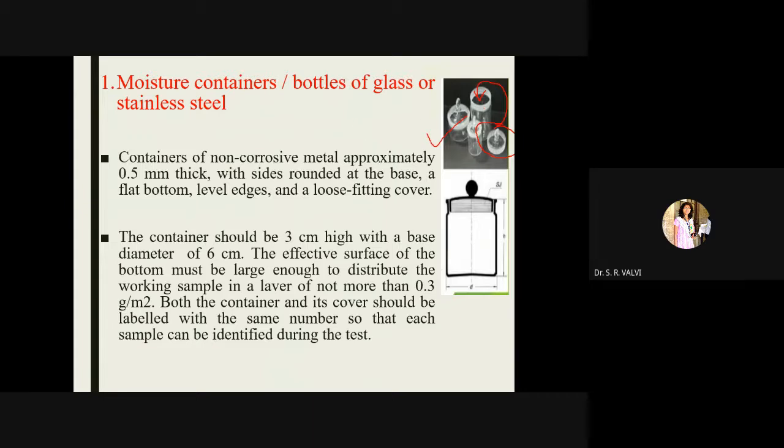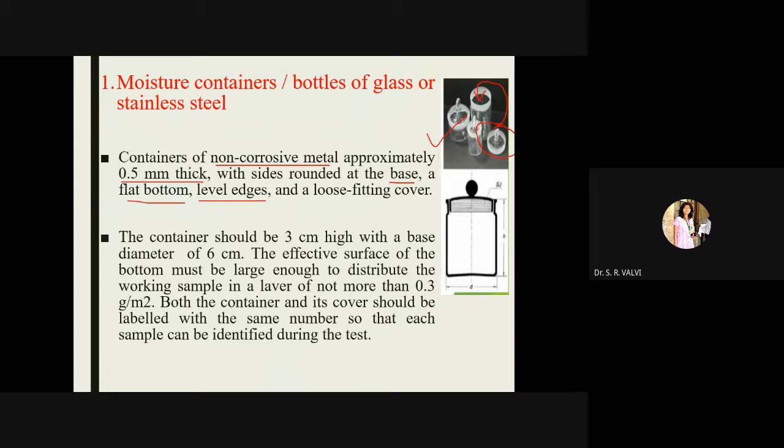So likewise you have to choose the containers. So here see, a container of non-corrosive metal approximately 0.5 mm thick. The container should be non-corrosive because we have to find out the moisture content, right? And hence the material of the container should be non-corrosive, with the side rounded at the base and flat bottom, level edges.